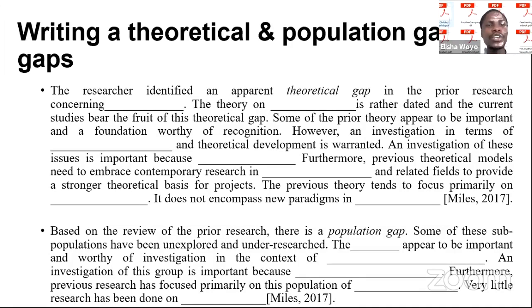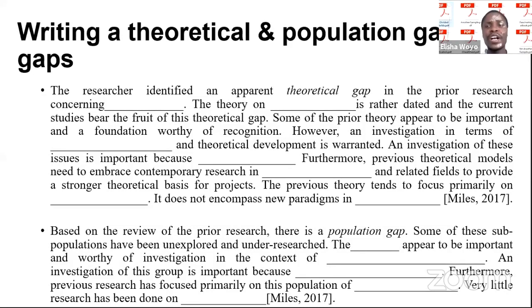Furthermore, previous theoretical models need to embrace contemporary research in this, or you can also show the weaknesses of previous models and justify why we need new modeling around your field of study. Try to write more about why the previous theory is not good enough.